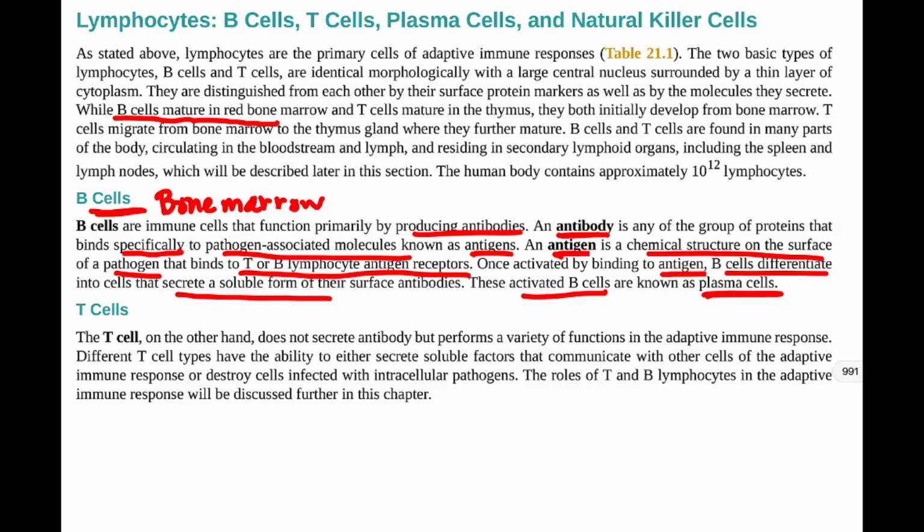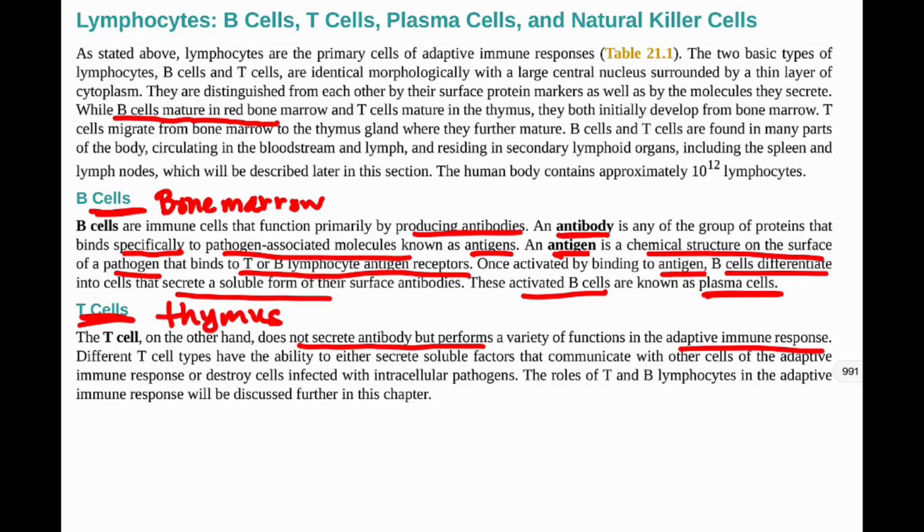The next type of cell is our T cell. Remember, the T cell is from the thymus. It actually originates in the bone marrow, where our other blood cells are made, then travels to the thymus, and matures in the thymus. It does not secrete antibodies, but it performs a variety of functions in the adaptive immune response.